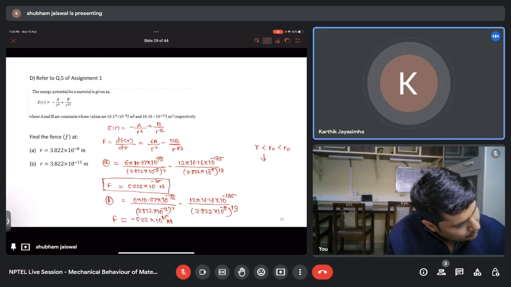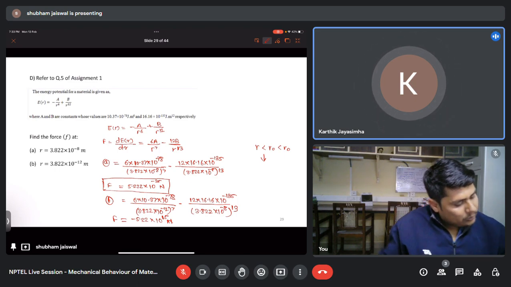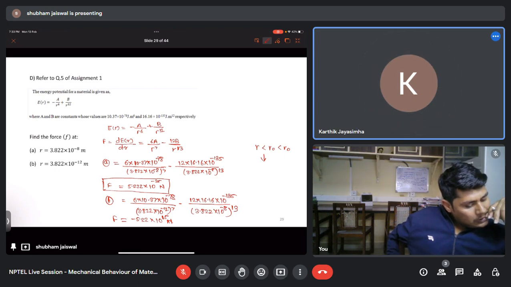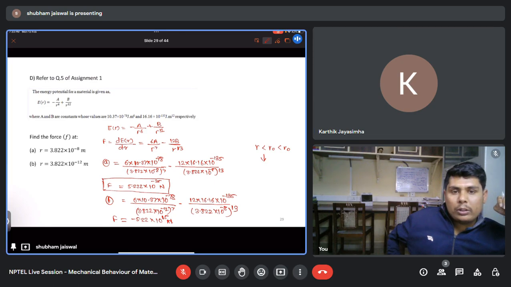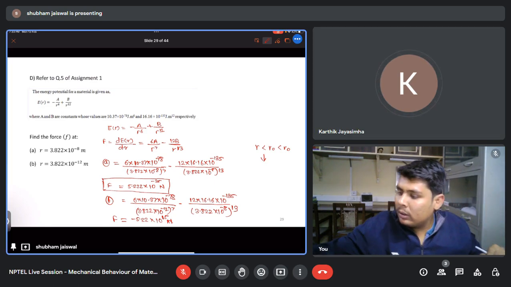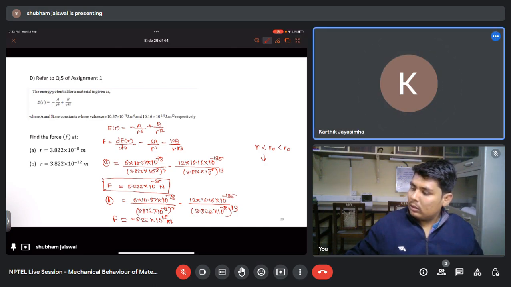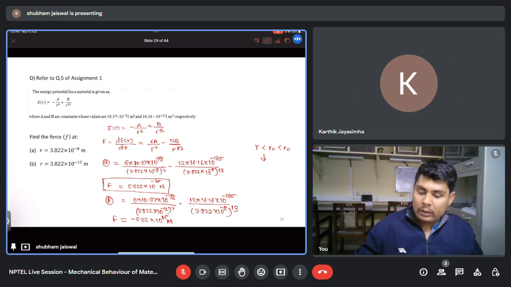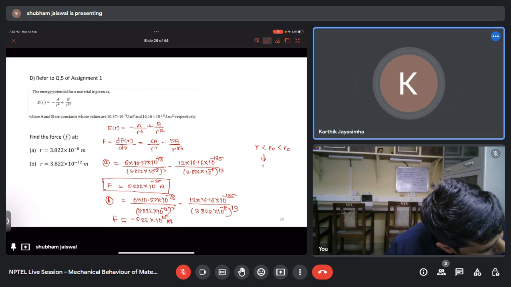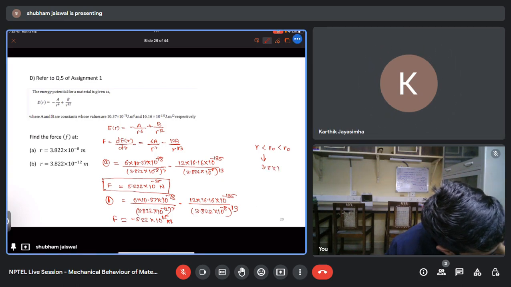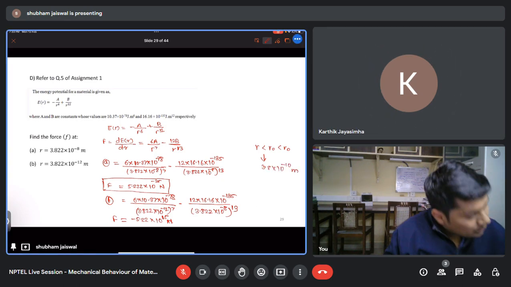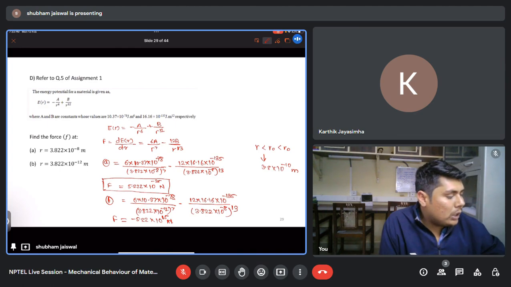R naught is what we calculated in the first problem of assignment 1. It is 3.8 into 10 to the minus 10 meter.